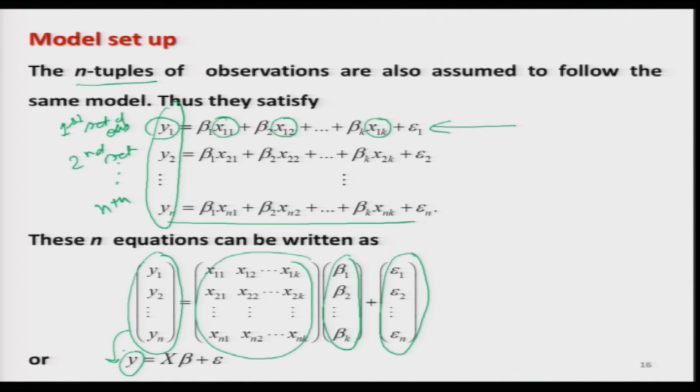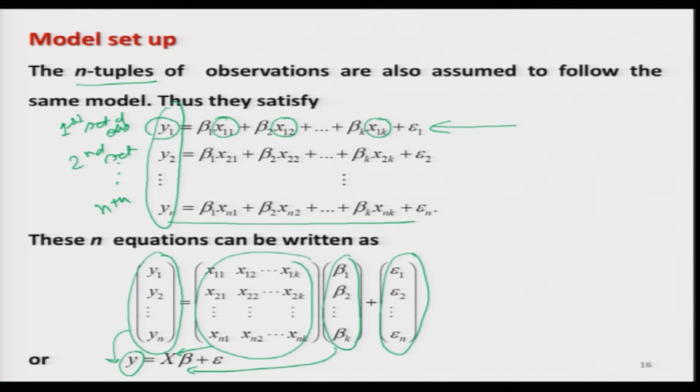And all the observations on the explanatory variables capital X1, capital X2, capital Xk are denoted by small letters x. All these observations are indicated by the matrix X, and all the regression parameters beta 1, beta 2, beta k, which are inside this vector, are denoted by beta.